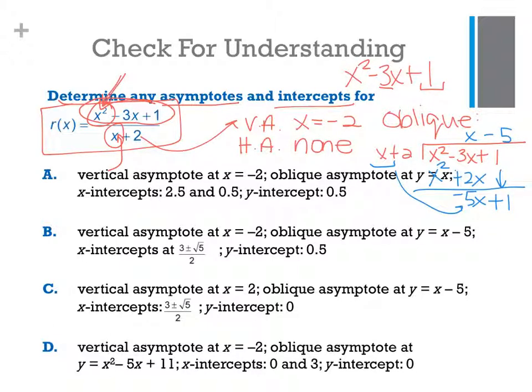So I can finish carrying out the long division here. Negative 5 times x is negative 5x. Negative 5 times positive 2 is negative 10. And I do get a remainder of 11. I do not care what my remainder is. It is the quotient that ends up being the equation for my oblique asymptote. So my oblique asymptote is at y equals x minus 5.